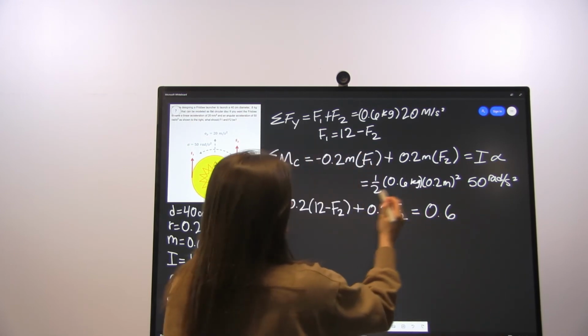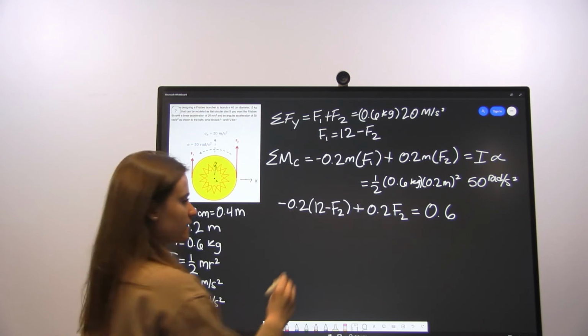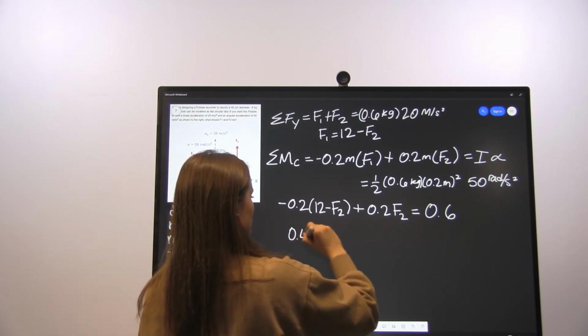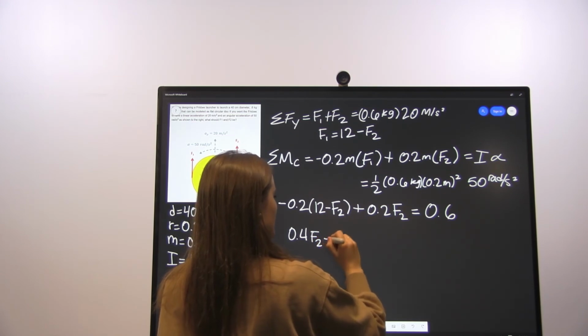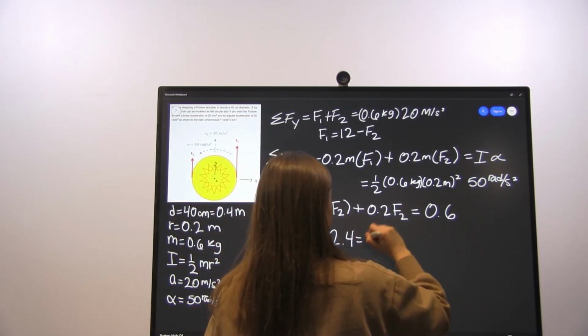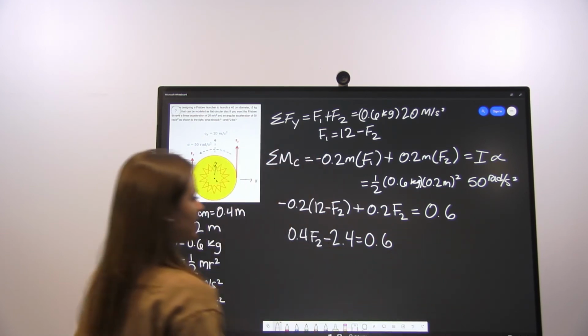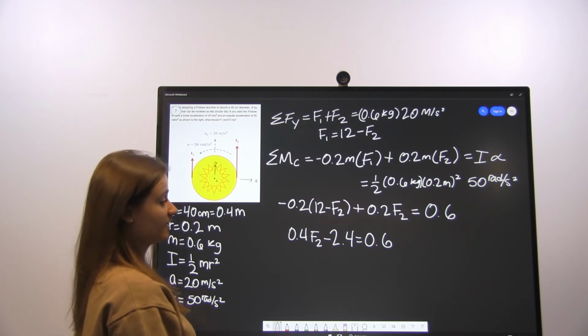And that's just this simplified. From here, we get 0.4 force 2 minus 2.4 is equal to 0.6. We get that from simplifying this and combining like terms.